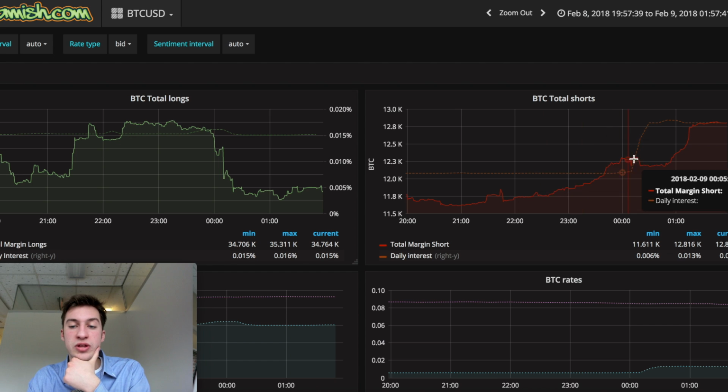So when the bidding interest rate goes very, very small, and no one is really that competitive to short. If they were competitive, the interest rate would rise. That's a sign of a market top. So market top, or also known as when do I want to short? Well, you want to short when the bidding interest rate collapses. You want to probably buy when the bidding interest rate doubles or does something crazy like that.